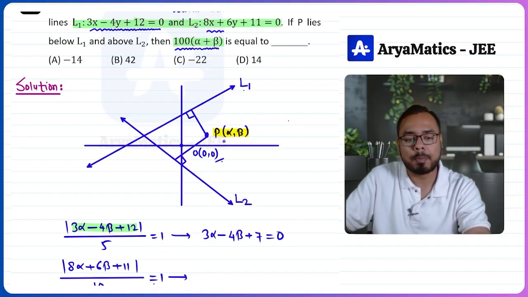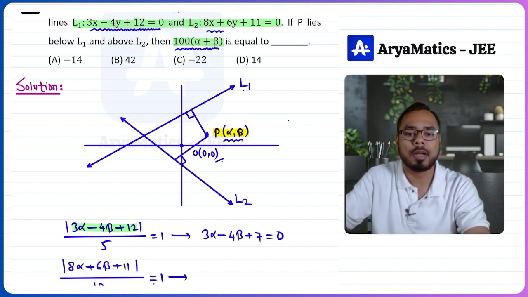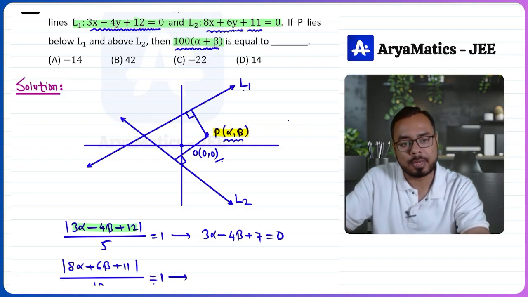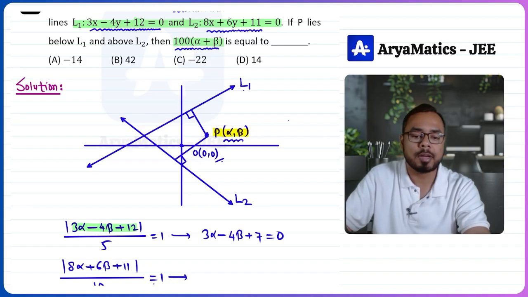And similarly point P and origin, they are on the same side of line L2. For line L2 again the constant term is positive, right? For point 0, 0, the sign of line L2 is positive. So for alpha beta also we should get the same sign, because if 2 points are on the same side of a line, then with respect to both of those points, the expression for the line should be of the same sign.